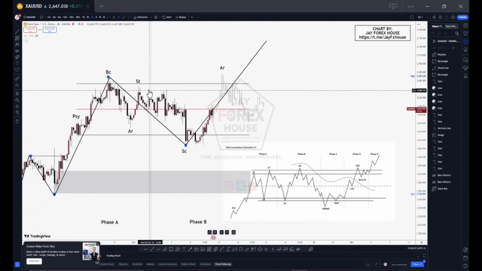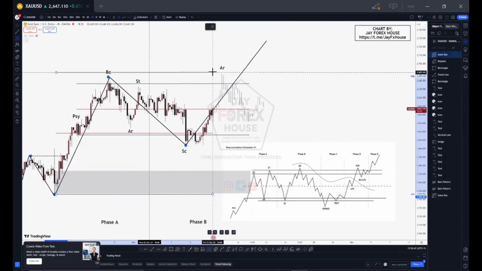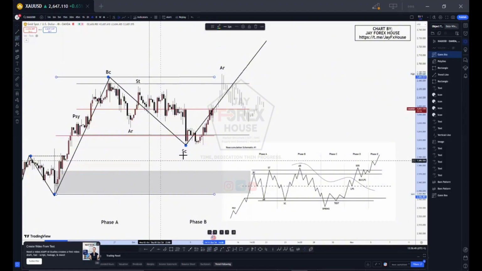So we have this confirmation also here where we see the selling climax pattern showing beautifully, similar to what we have on the schematic. And then we have this happening with price currently testing the equilibrium level of the range.